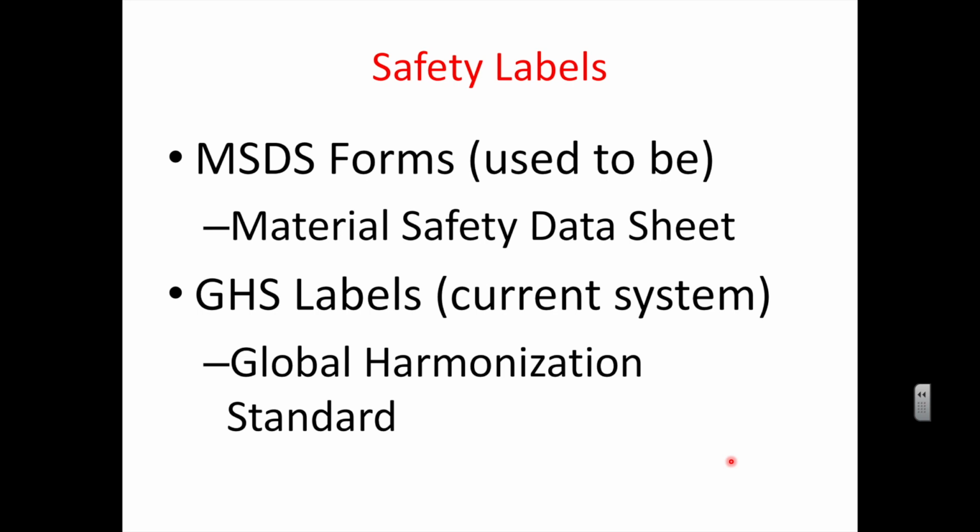So for your safety labels, there's the MSDS forms, which is what we used to call them. They used to stand for Material Safety Data Sheet. And then for GHS labels, which is the current system, it's called the Global Harmonization Standard. They're the same thing now, and they serve the same purpose.